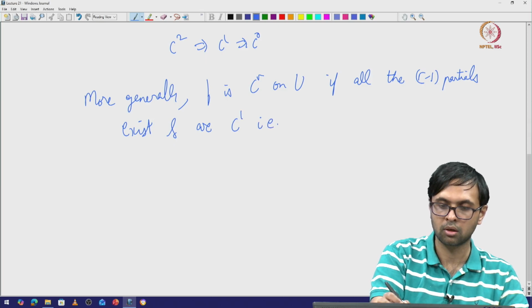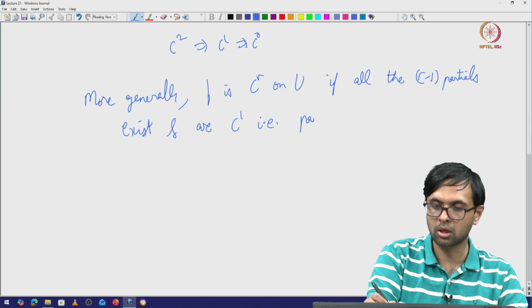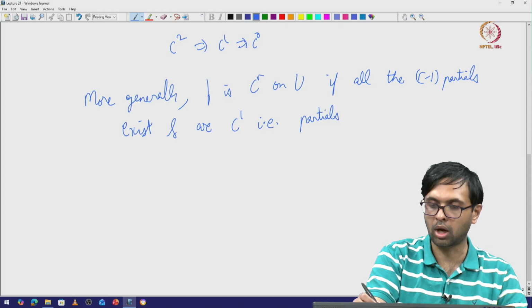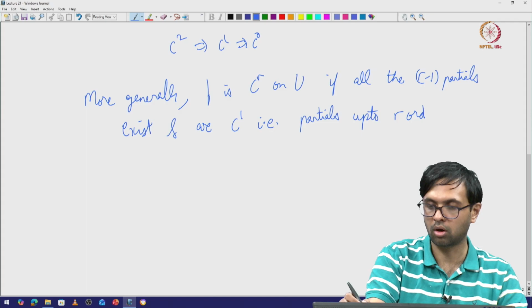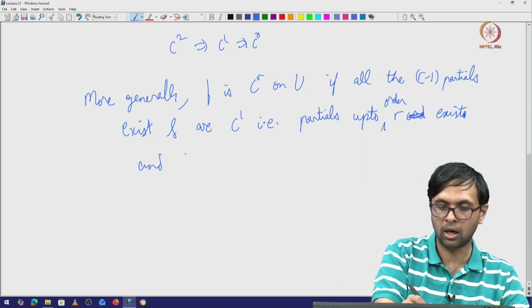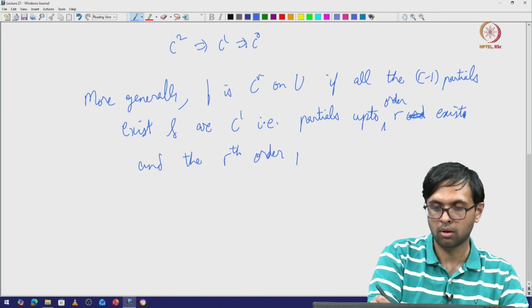That is, partials up to order r exist, and the rth order partial derivatives are continuous.